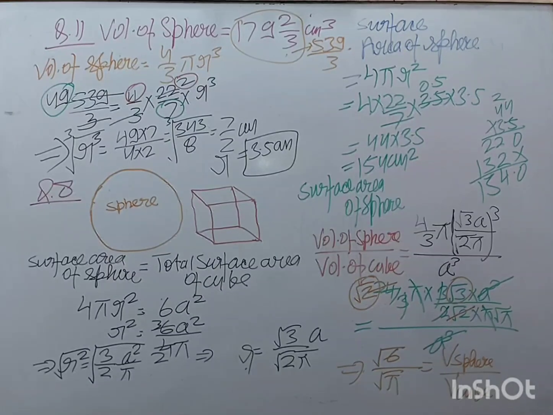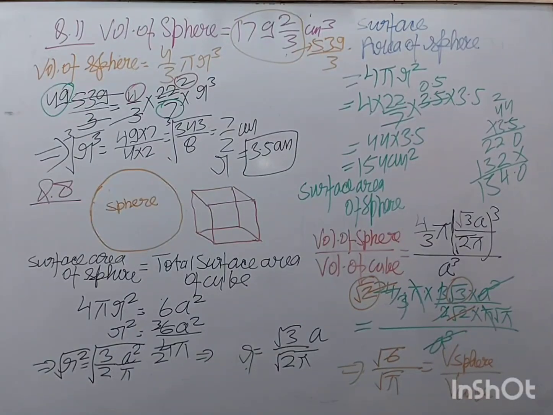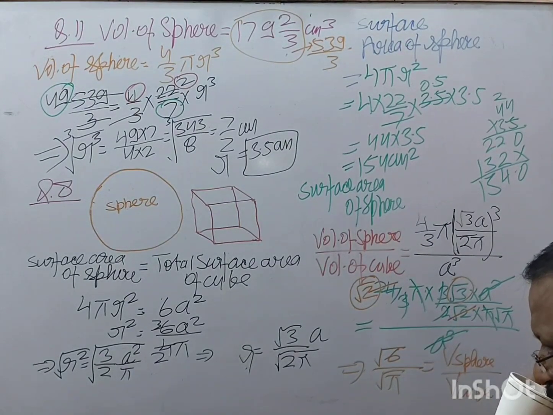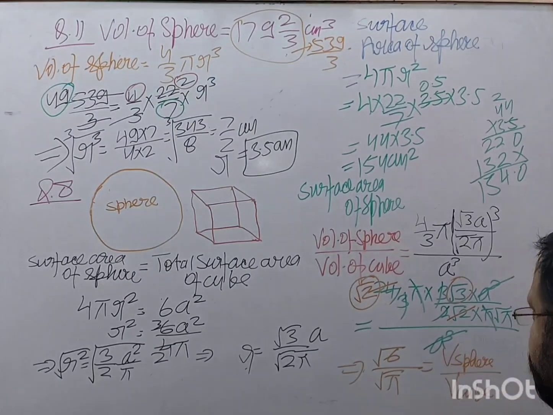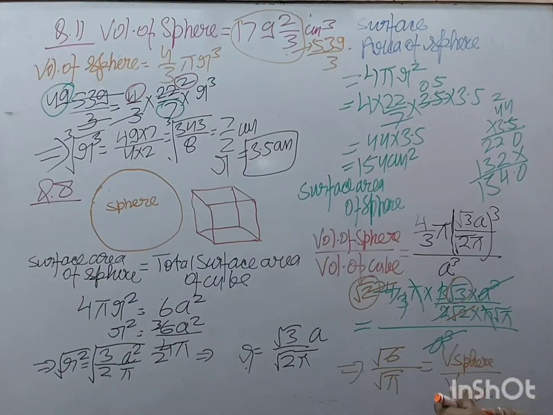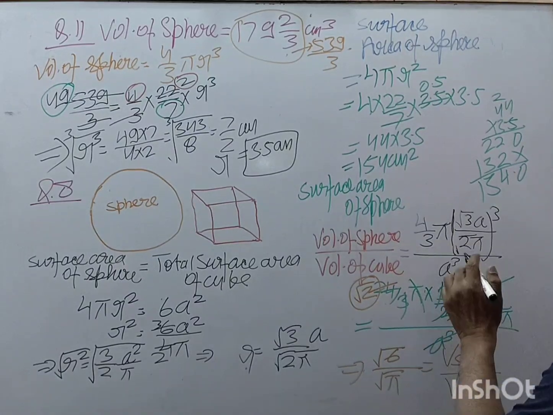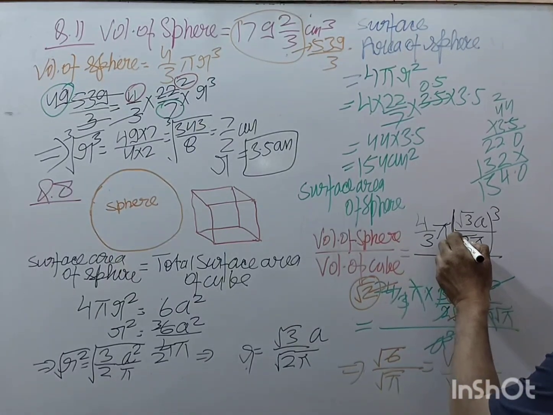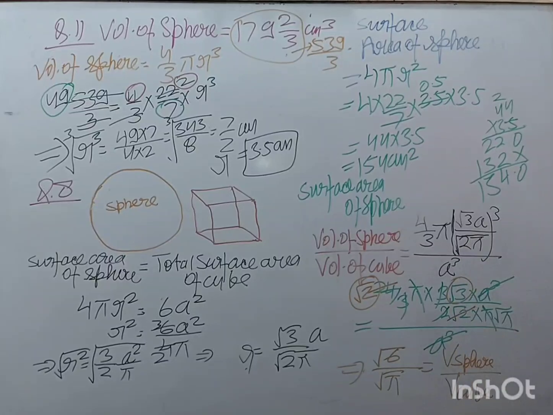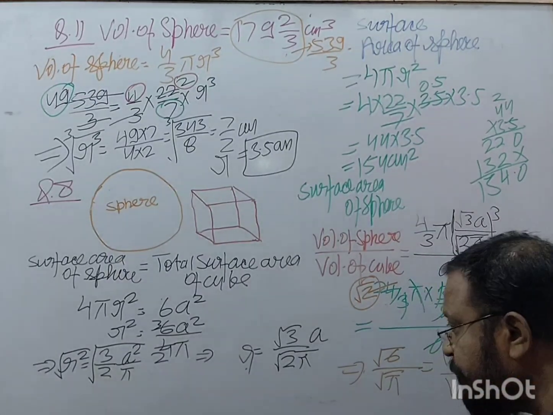I did all the things there, so you have to do by your own. Actually, I write this in place of this value of r I put here, right? Yes. Done?